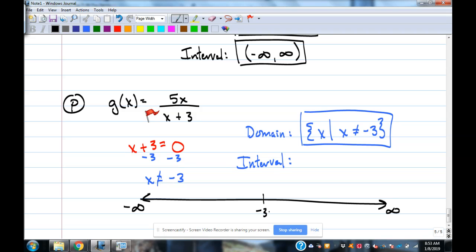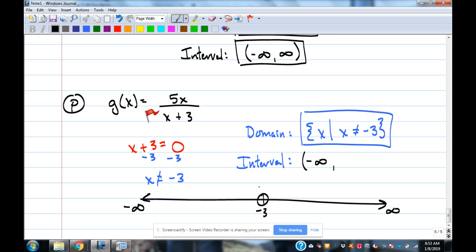The domain originally was the entire line. So it starts at -infinity, and it keeps going until we get to -3. And -3 has been cut out. There's this empty spot, a hole right there where they've cut out the -3. So we've got to skip that.